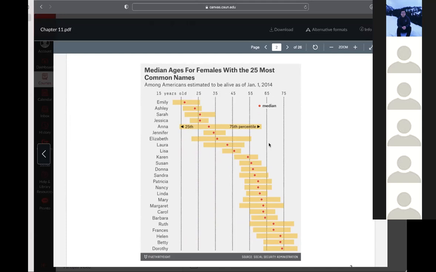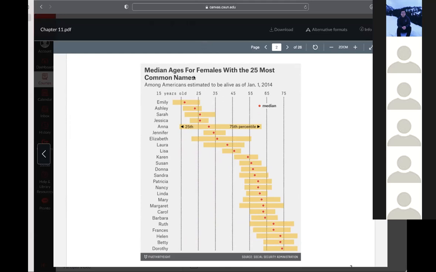I have just a clarifying question, Professor. The graph shows only from the 25th percentile to the 75th percentile. Correct. But the 0 to 25 are still there, they're just not on the graph. Yes, they're still there.